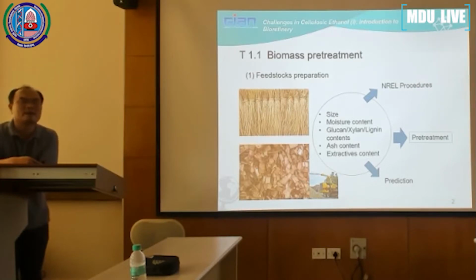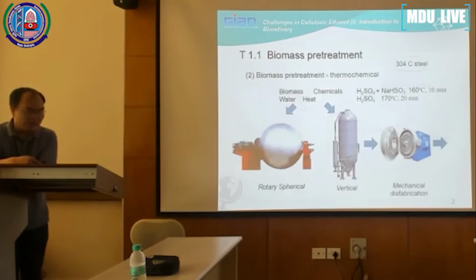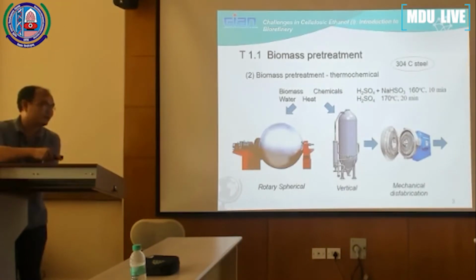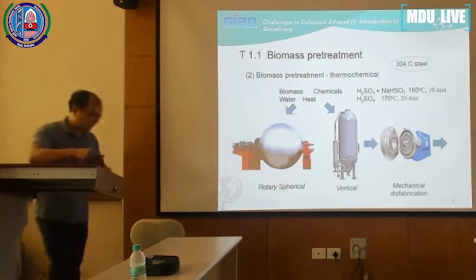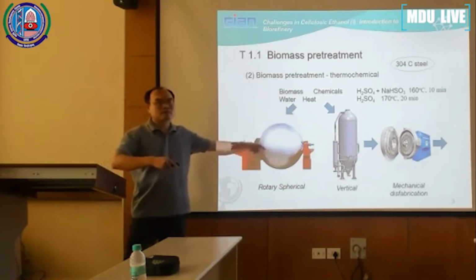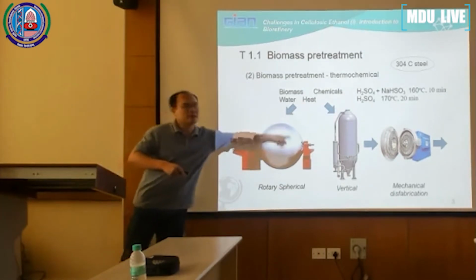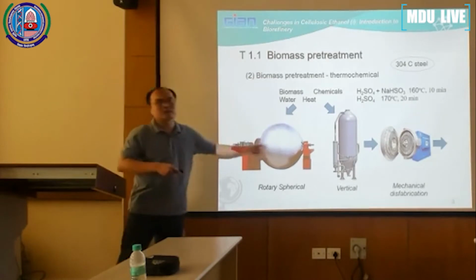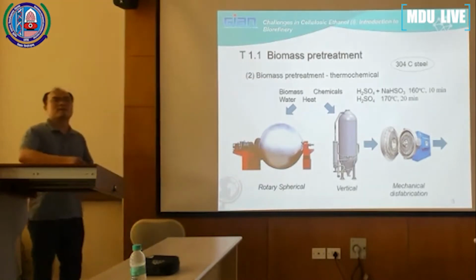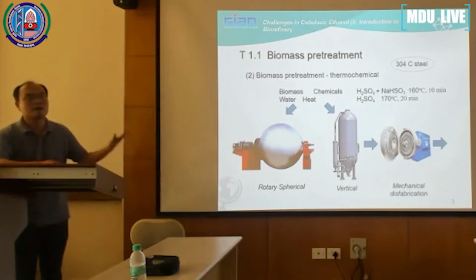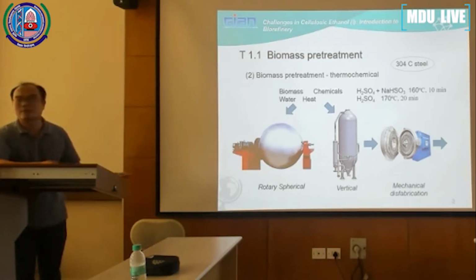Maybe 8, maybe 10. It means if we do the pretreatment in the spherical machine and use dry straw, the major component in this machine is not biomass, it is water. We are heating up water. But if we use wood chips, it's better because the amount of water is much lower.